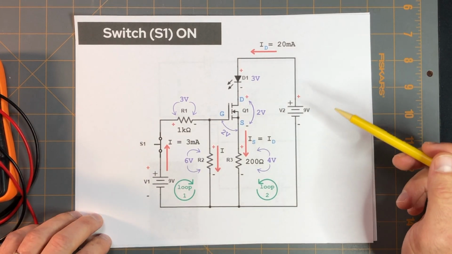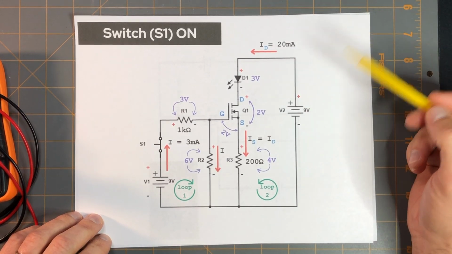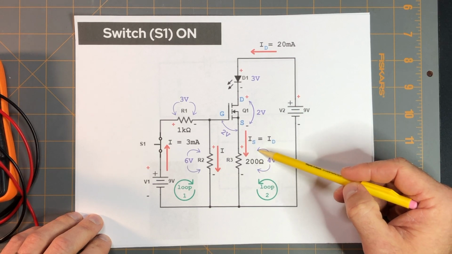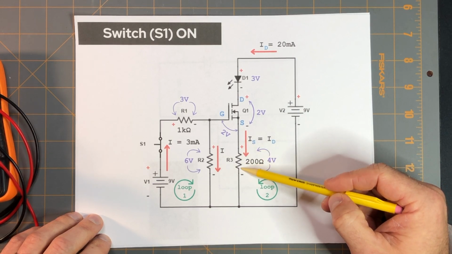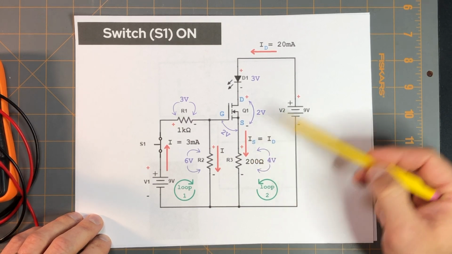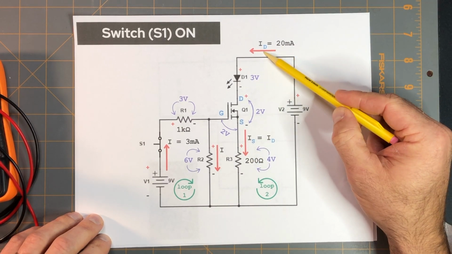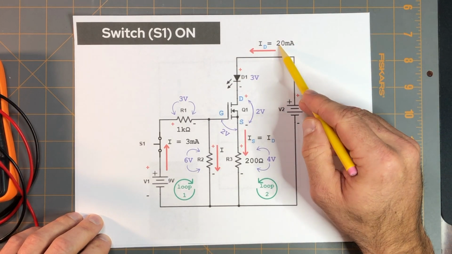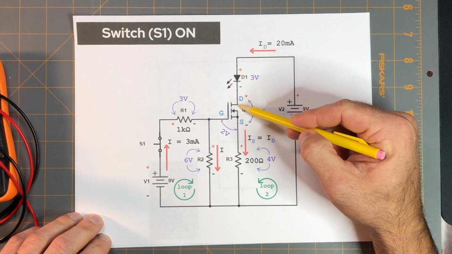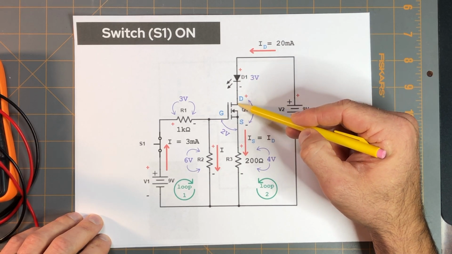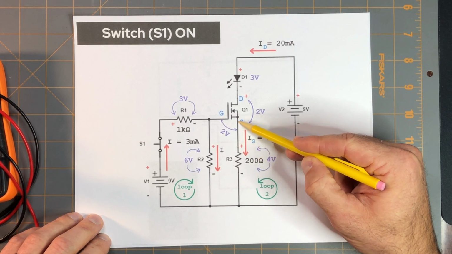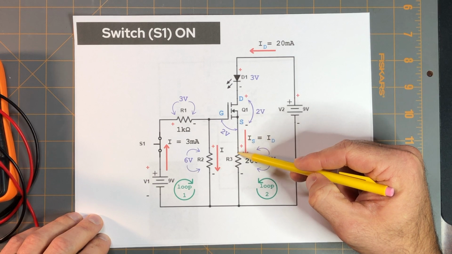But based on the values given, what we were able to do is to figure out the voltage drop across resistor R3, since we know the value of the 200 ohm resistor and we know the value of the drain current of 20 milliamps. Looking at the circuit, the drain current going into the drain of the MOSFET would be the same value as the current coming out of the source of the MOSFET.